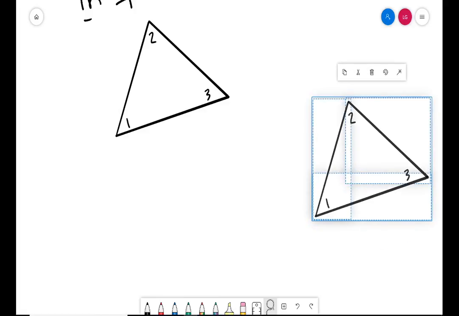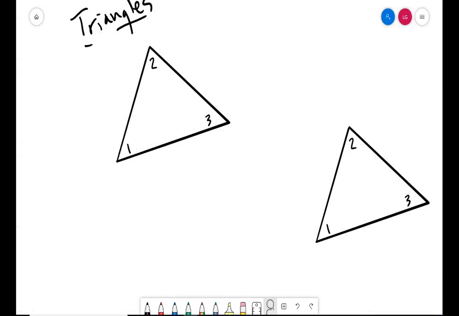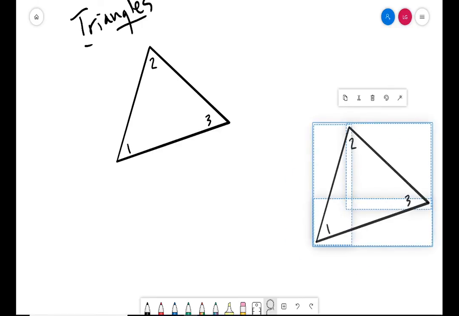Now what I did, and it's actually really useful to do this digitally, is I circled our original triangle, and I'm able to actually make a copy of it. So this triangle here is literally the same measurements in all ways as the original triangle, right? It's a duplicate of it.